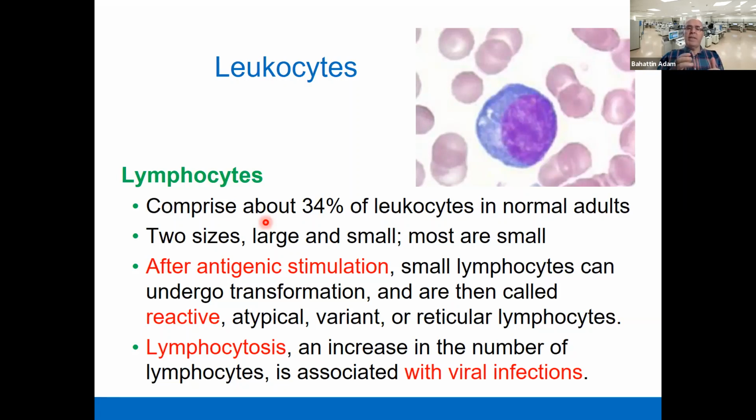These types of lymphocytes are also known as atypical, variant, or reticular lymphocytes. All these names are for reactive lymphocytes, which tell us that something is wrong in our body.